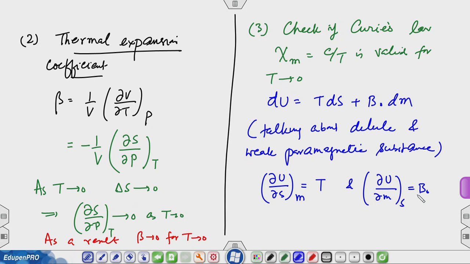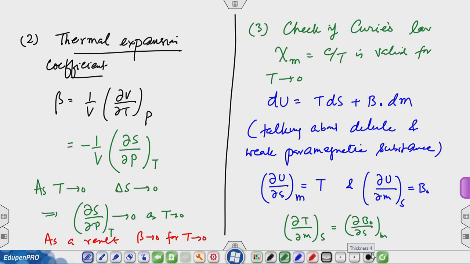Now, what I want to do is somehow bring in chi m and also entropy, because the third law is finally related to entropy. So, let us check how we do that. Now, in this case, the derivatives you will have will be dT/dm at constant S equals dB0/dS at constant m.